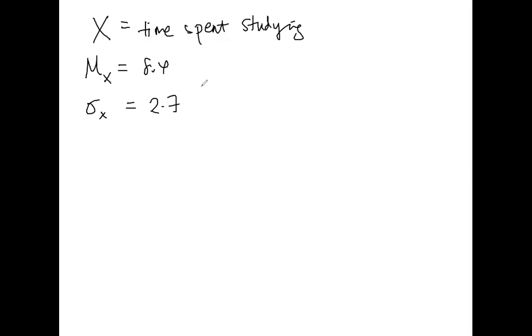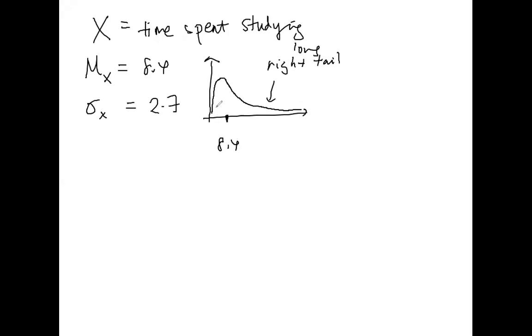It's skewed to the right, which means something like this. There's a long right tail. Mostly people study around 8.4, this is the spread, but a very small minority, for whatever reason, spend a lot of time studying.